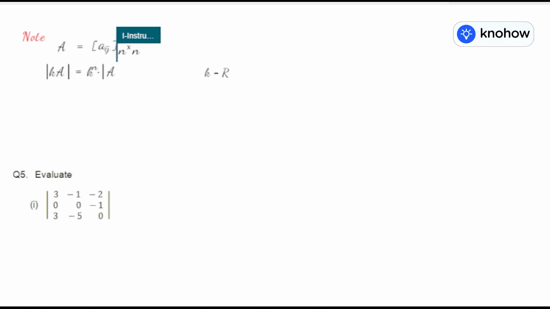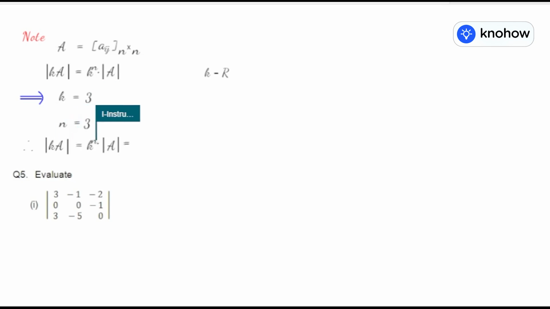In the present question, what is the value of K? The value of K is 3. And what is the order of the matrix? N, the order of the matrix, is 3. So using this formula, what should be the value of determinant KA? K to the power n, that is 3 to the power 3. And what is the value of determinant A?